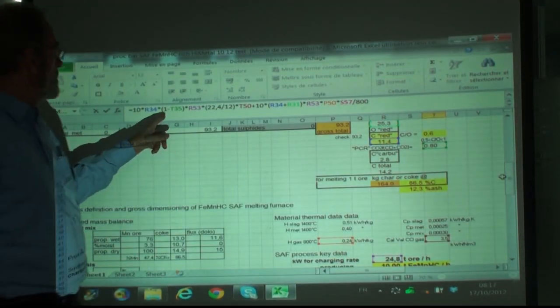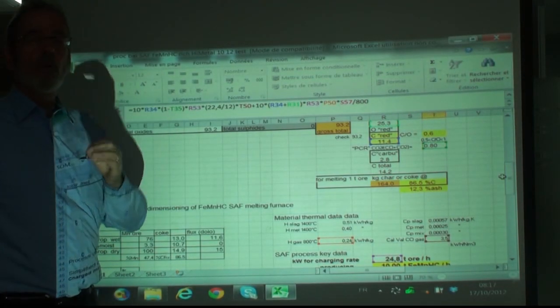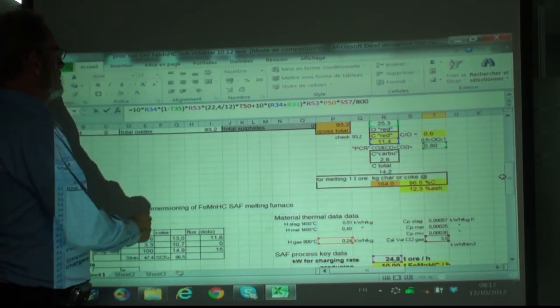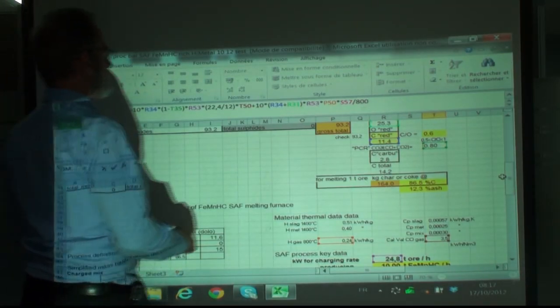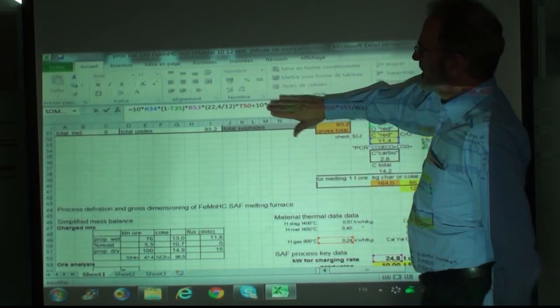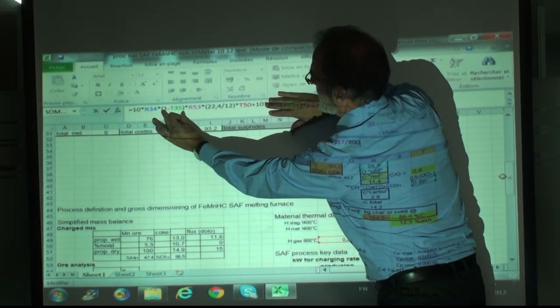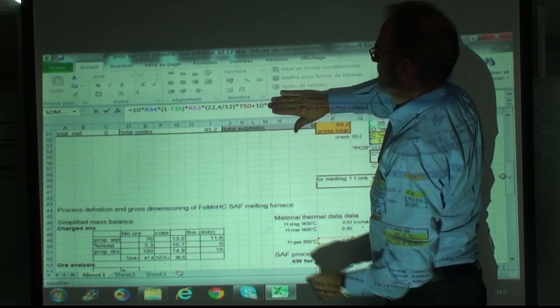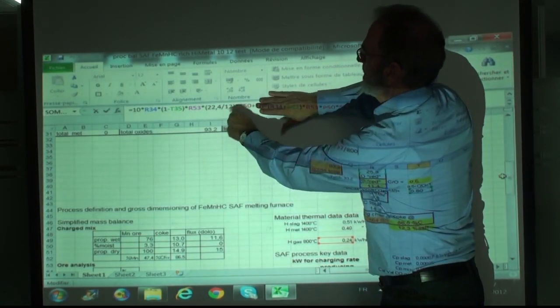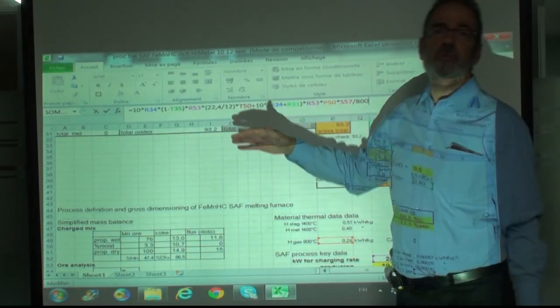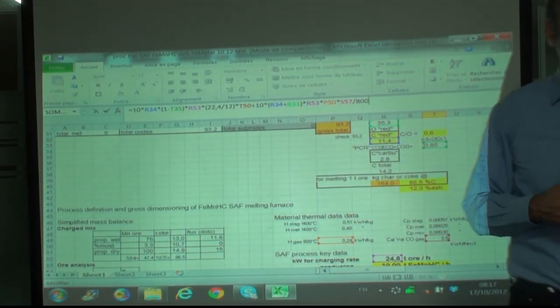Because this gives you the amount of CO. If you forget this, it is just the same as before. It's the amount of gas produced.